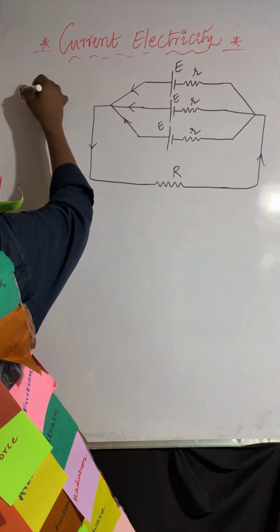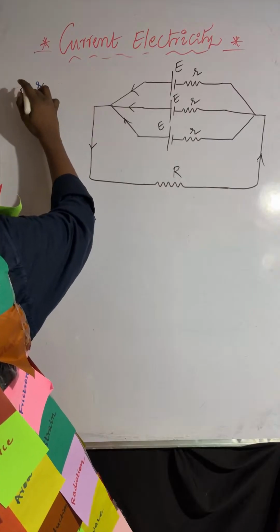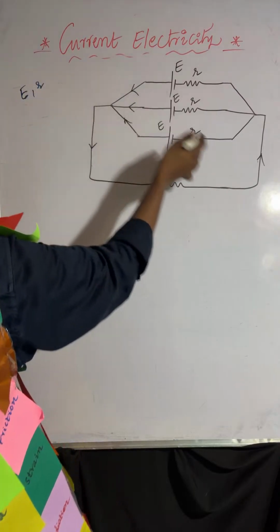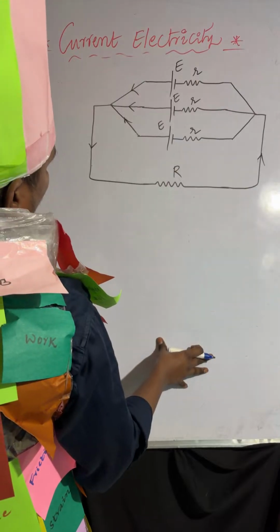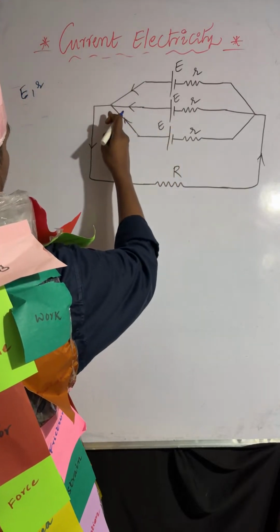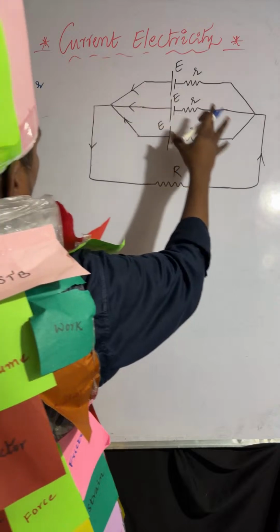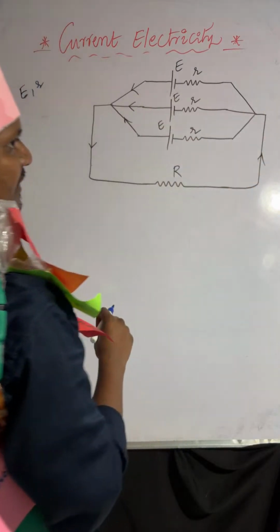E and R of each cell is common because all are connected the same way. All positive points are connected to one junction. All negative terminals are connected to another junction.